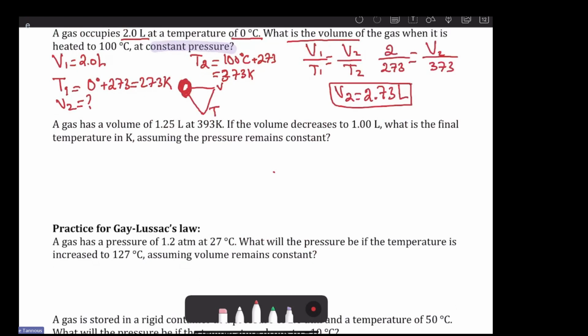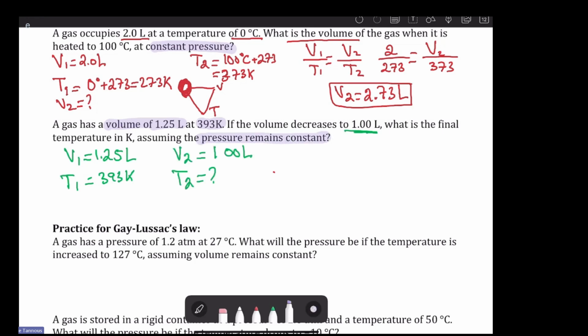Next, a gas has a volume of 1.25 liter at a temperature, good, it's given in Kelvin. So 1.25 liter at a temperature of 393 Kelvin. If the volume decreases to 1 liter, what is the final temperature in Kelvin, assuming that the pressure is constant?